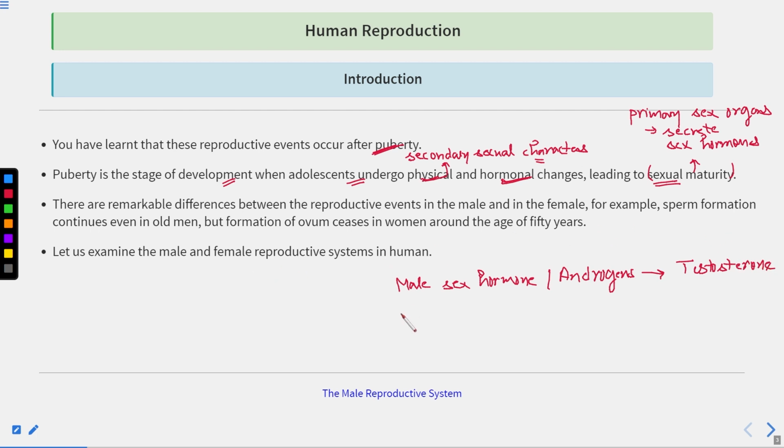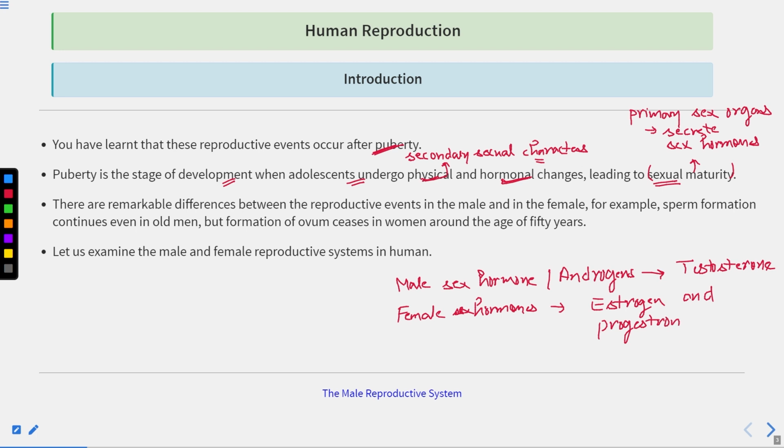Then you have the female sex hormones, which are what? Estrogen and progesterone. Clear?